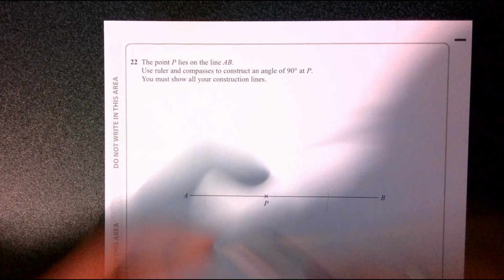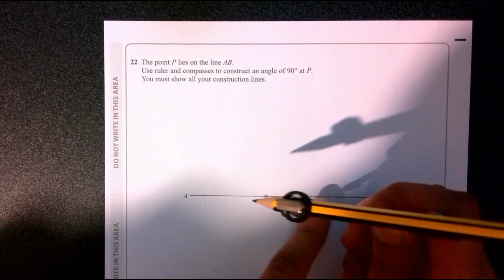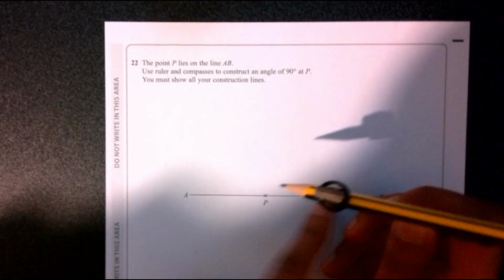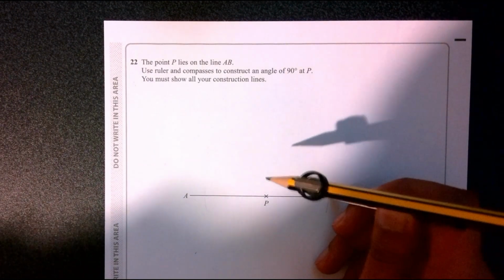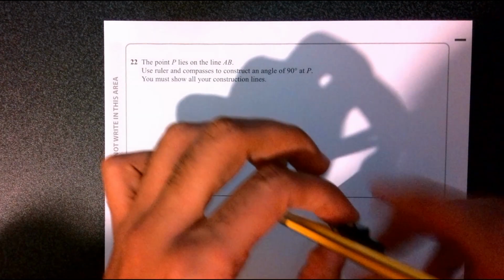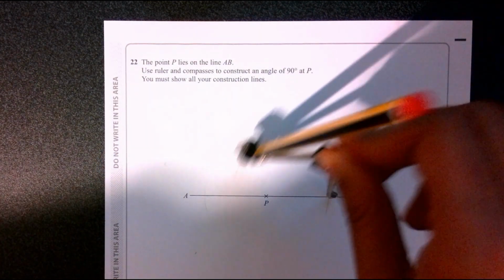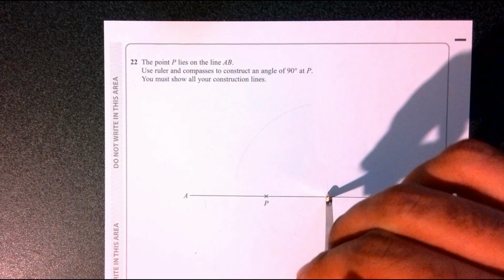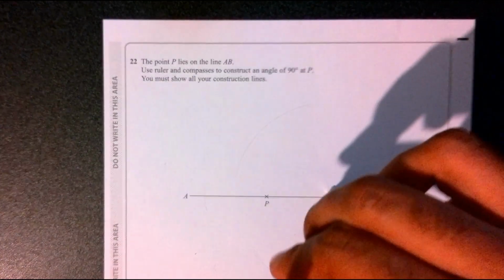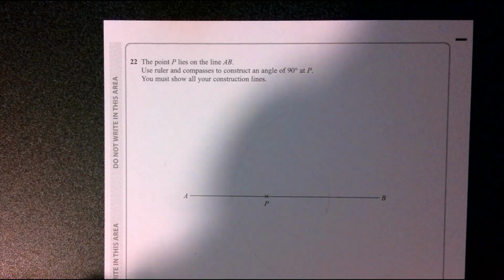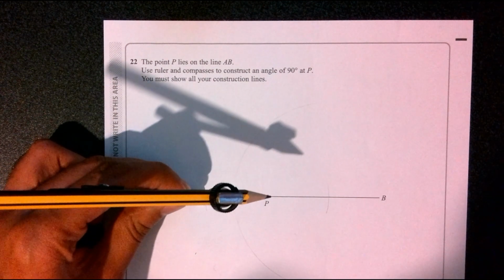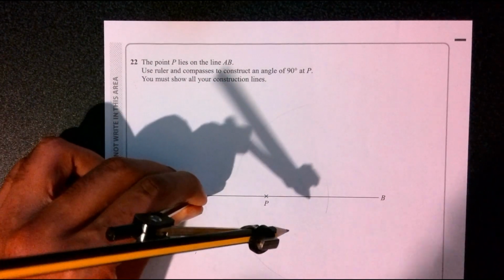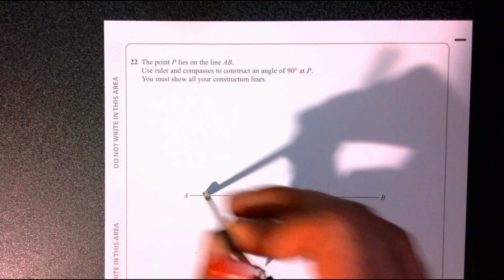Extend the compass so that the radius is larger than this length here, pointy bit here, and then draw an arc, retaining the same distance, pointy bit here, draw an arc.